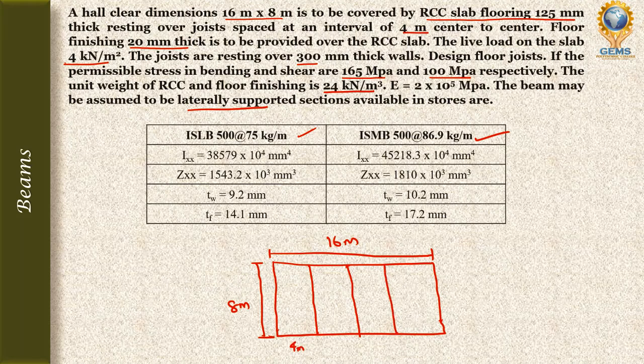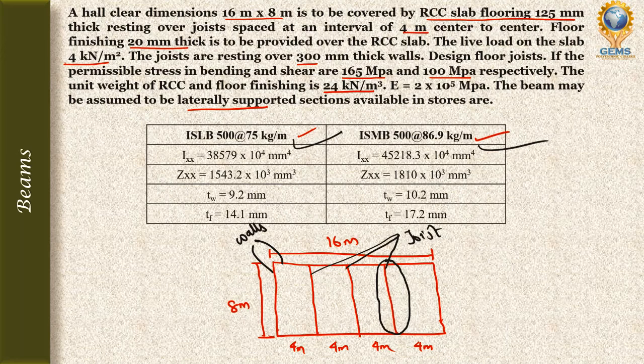Everything is 4 meter. These two are walls and these three are joists. We have to design the joist member which is suitable from the given two sections. If we design for one joist, then we can assume it for the remaining two joists.